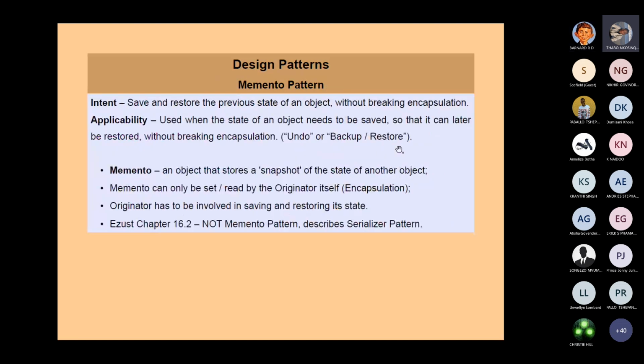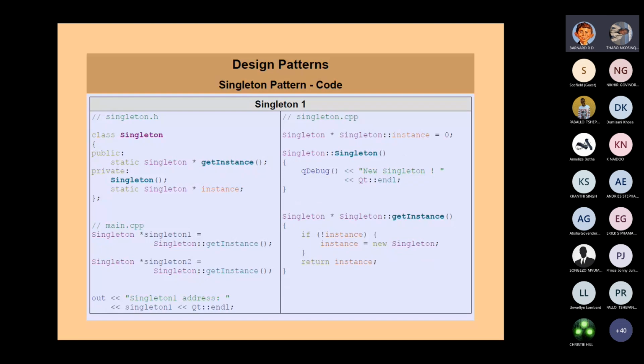Use the scope resolution operator, then the name, that's the name from over there, and you assign it the value 0. You could also assign a null pointer, which is probably better, and its type is a singleton pointer. So that is where you initialize that.